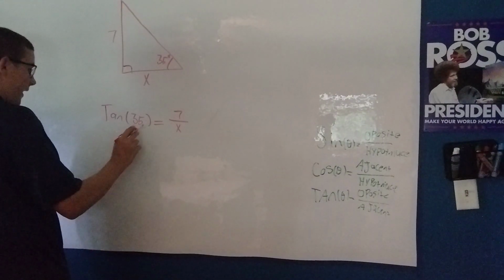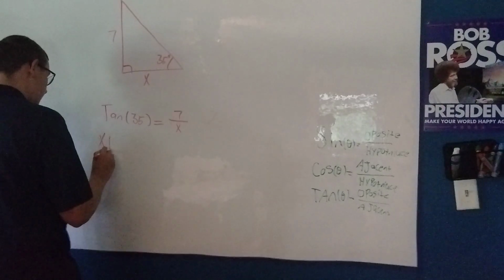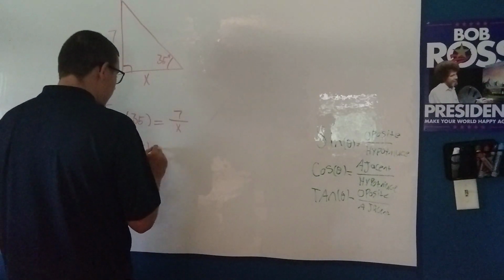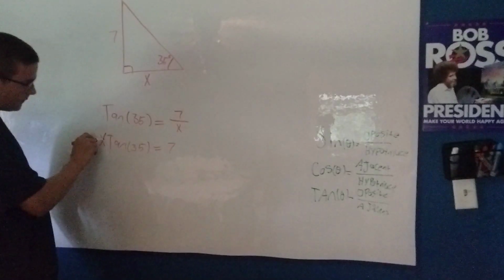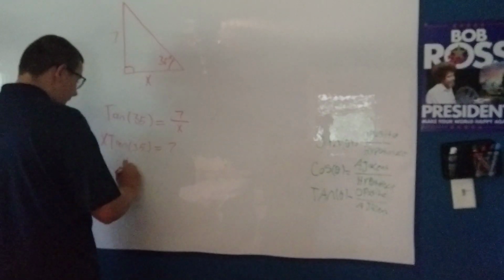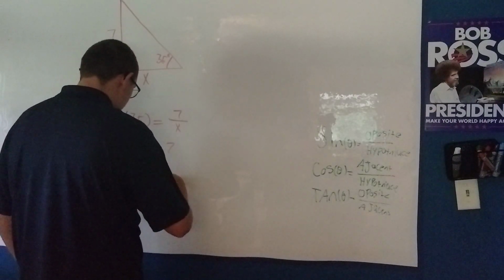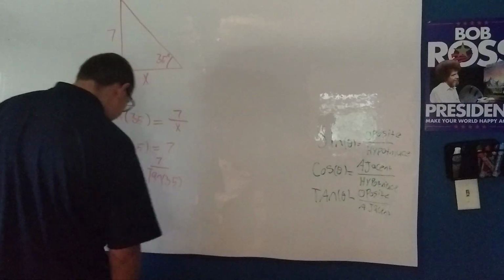First we multiply by x here, so we get x tan 35 equals 7, and then we divide by tan 35, x equals 7 over tan 35, like that.